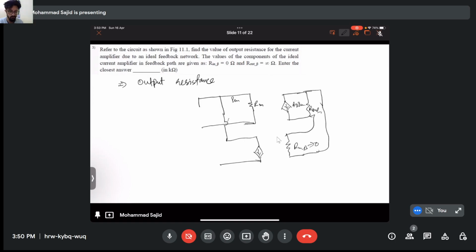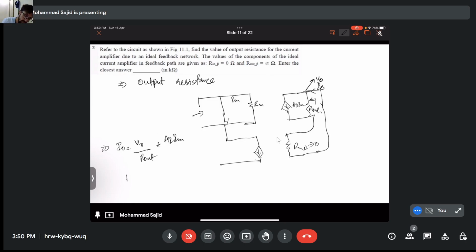So to calculate the output resistance, let's calculate it from here, and this will be opened here. So my I out is simply equivalent to, let's call it V out here, that is V output by R out plus In, right?